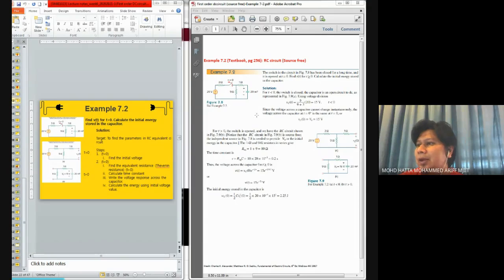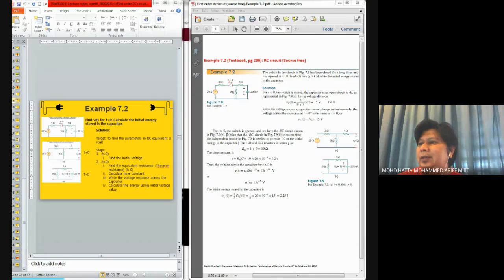So looking at this circuit arrangement, as well as the condition given in the question, we know that during t less than 0, the switch is closed, and the capacitor inside the circuit is already an open circuit element.